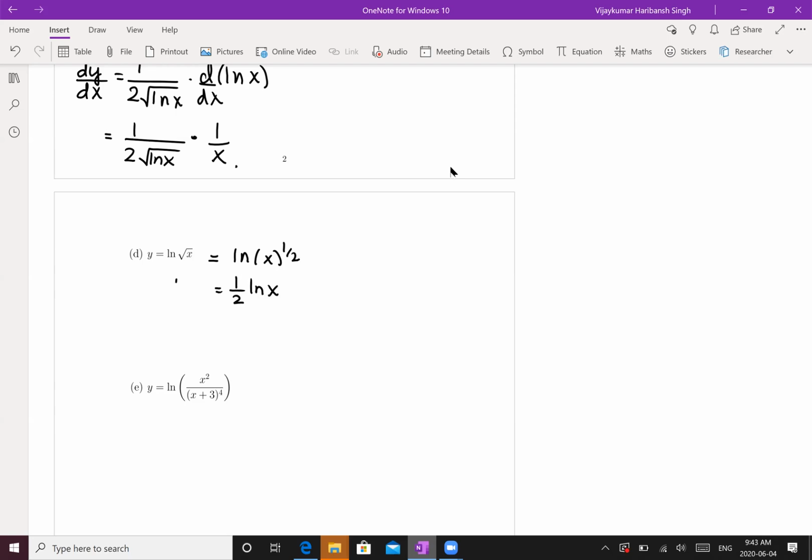So your y is half ln x. So therefore dy by dx is going to be 1 by 2 times the derivative of ln x, which is 1 over x, so 1 by 2x. So these are the few properties of log you should be able to see.